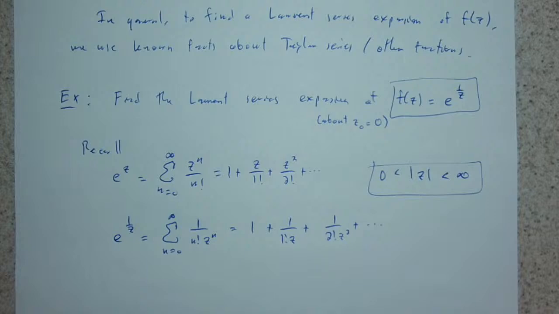Suppose that you cook up a series representation for a function that involves these negative powers of z, and so it would be a series of the Laurent type. Okay, and you show that it's equal to that function on some domain.